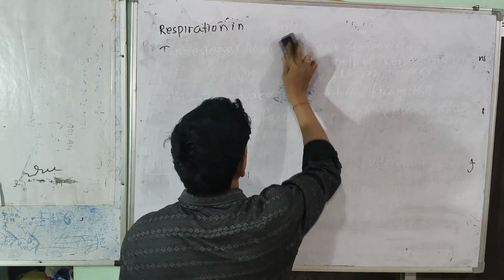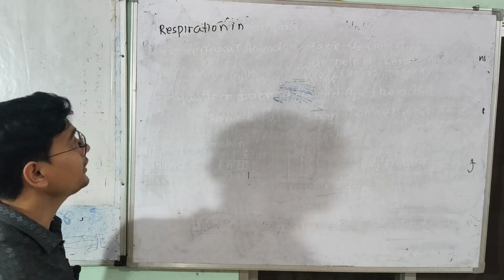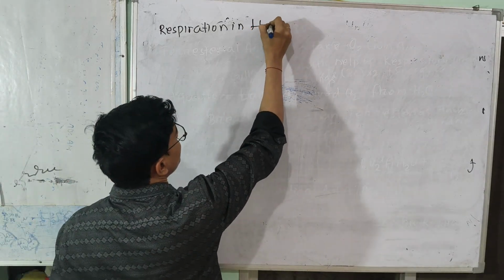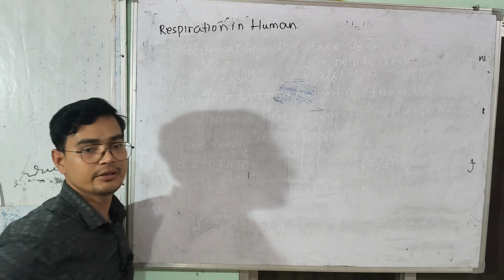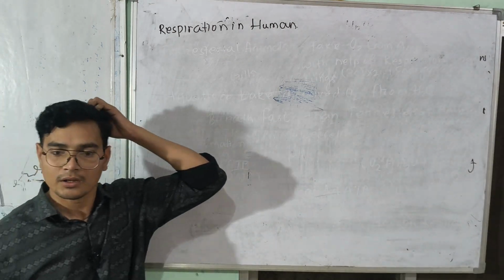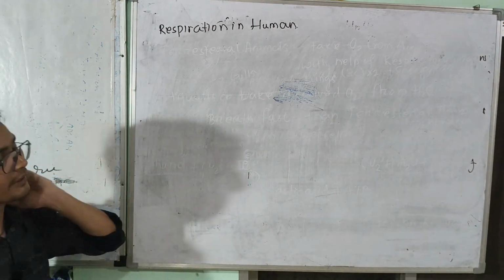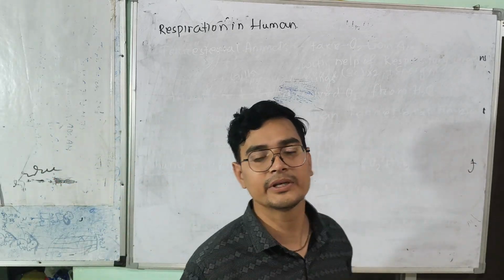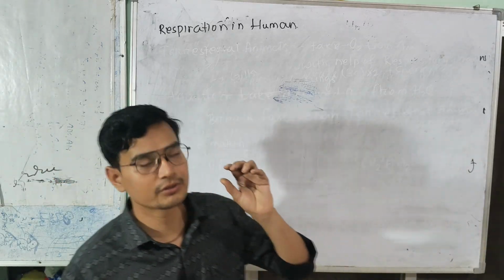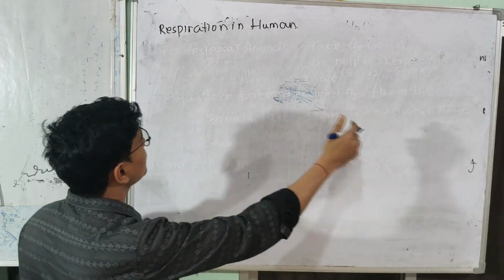Respiration in human. Now we discuss respiration in human. In human, one respiratory organ is present, that is called lungs. Respiratory special organ.